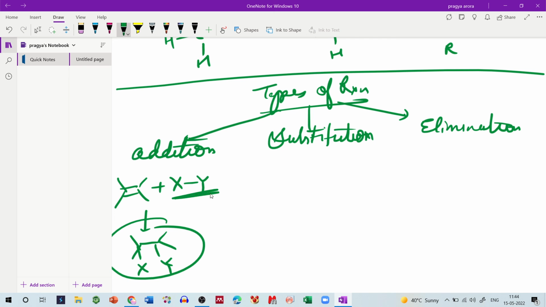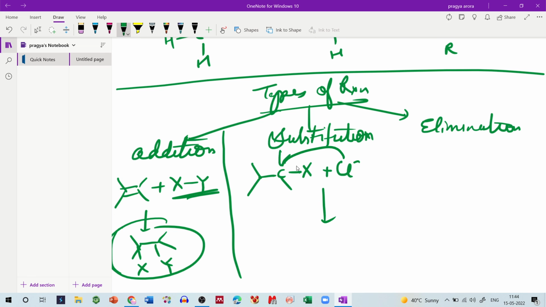In the case of a substitution reaction, an incoming nucleophile, let's say chloride, will come and replace this X, and there will be formation of a new alkyl halide with Cl, and X will be released.